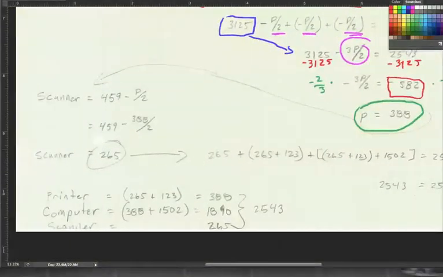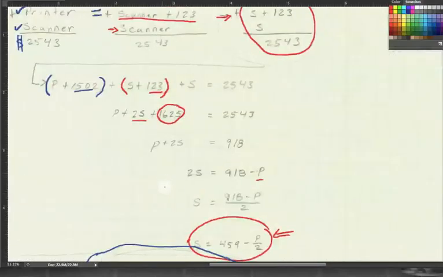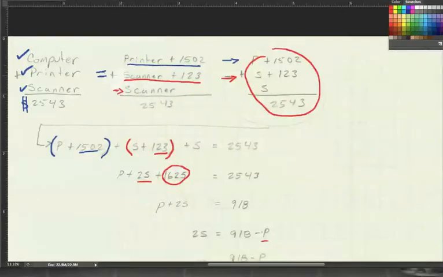Now that I've solved for p, I can bring that into this formula. So that's 459 minus 338, because I'm replacing that variable p, divided by 2. That gives me the price of $265 for the scanner.